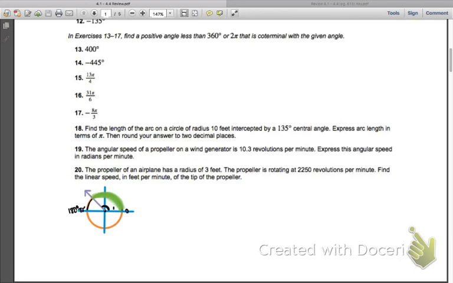Yeah, that works too. Okay, that's not what I was looking for, but that works too. I would have just done 135 over 180, which is going to be the same thing, which is going to be 3 pi over 4 as far as the total length, because remember, the circumference of a circle is normally 2 pi r.